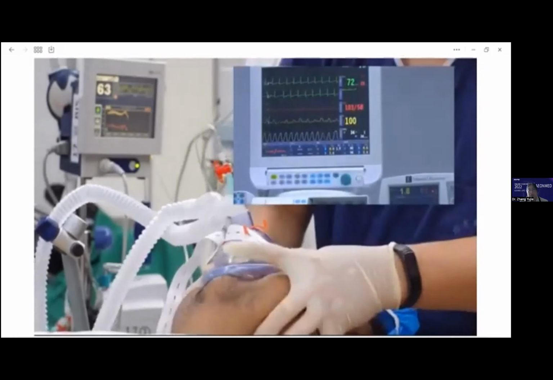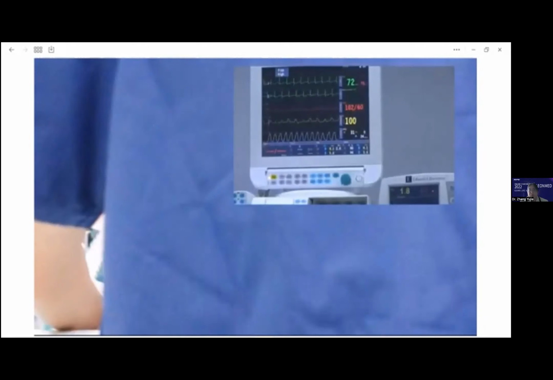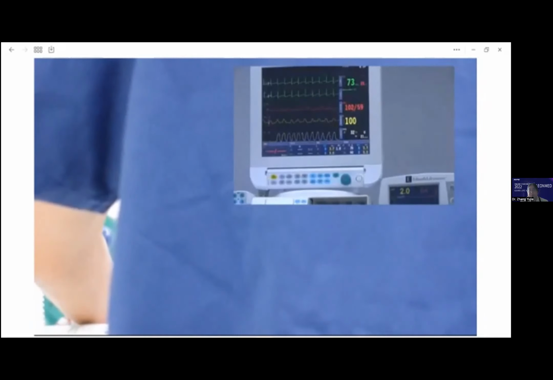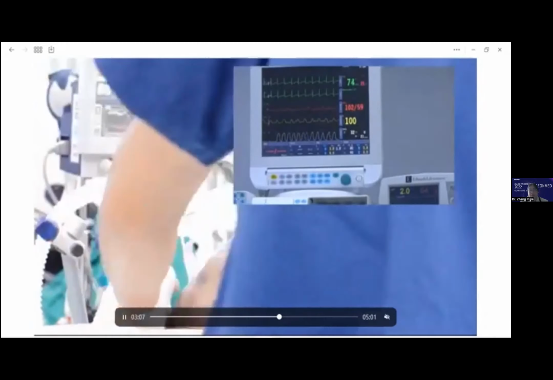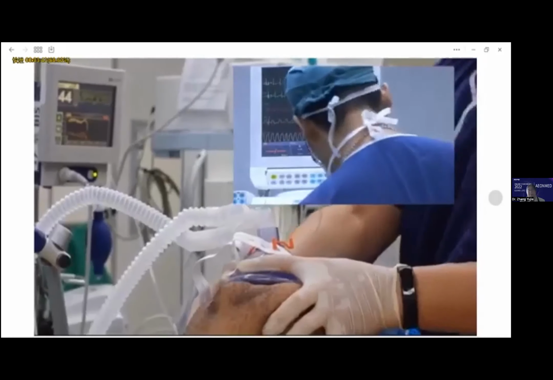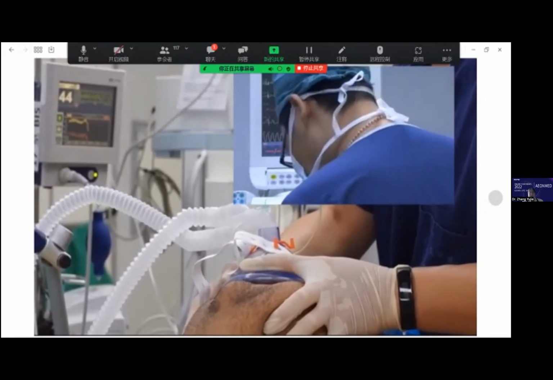Now you can see the BIS is dropping. And from the carbon dioxide curve, we can see that he's still maintaining spontaneous ventilation. Here we are placing the oropharyngeal airway.